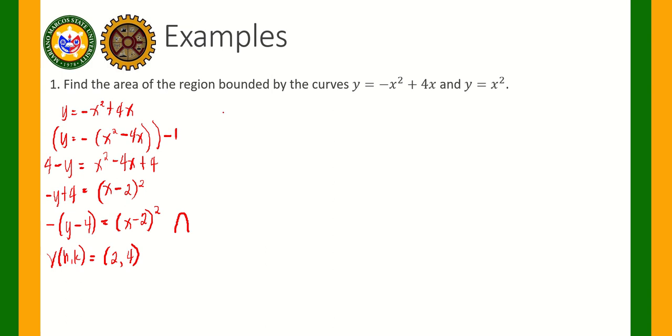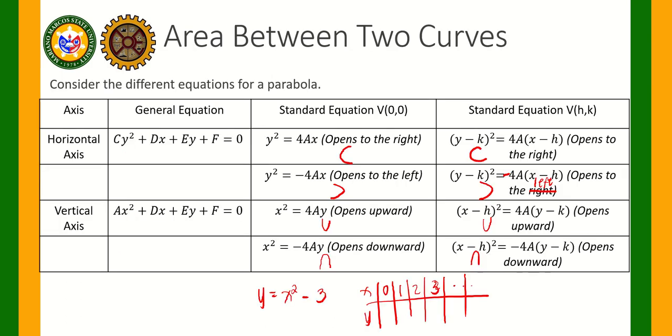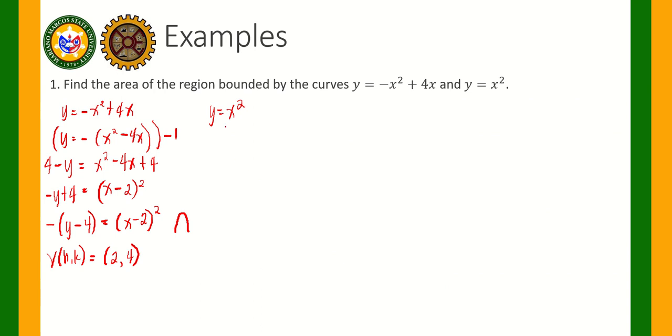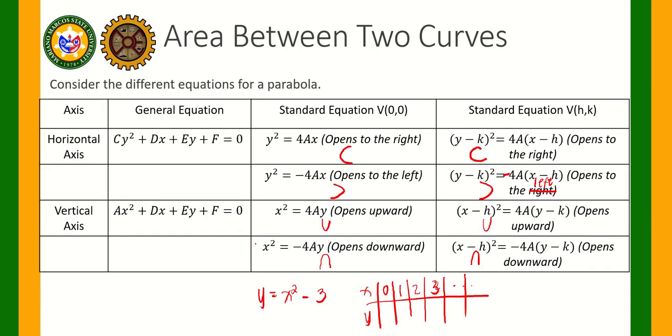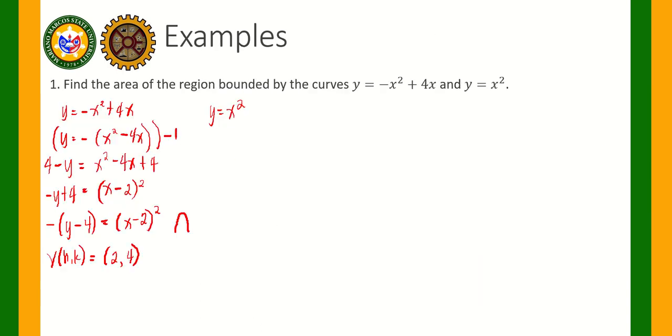Now, for the second curve, we have y is equal to x squared. Okay? So, dito tayo, vertical axis pa din. And we have a positive y. Okay, positive y. So, the parabola opens upward. So, pag plinot natin yung ating curve, okay, so 2, 4 siya.